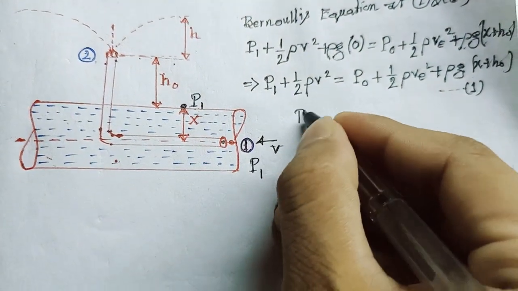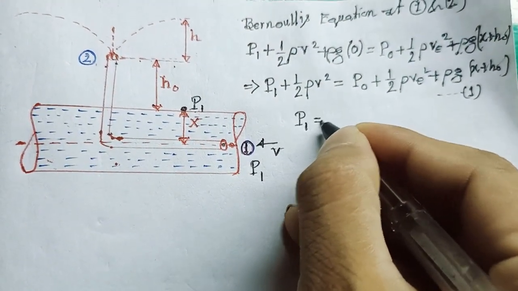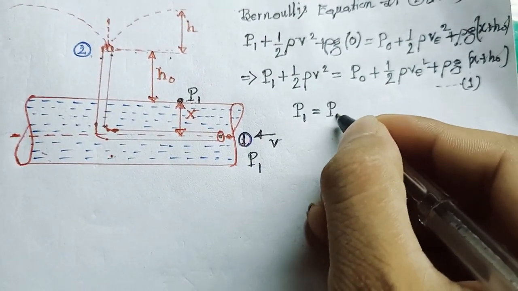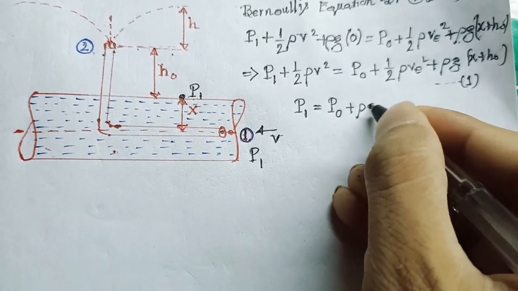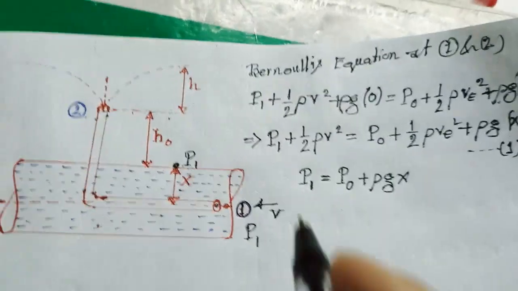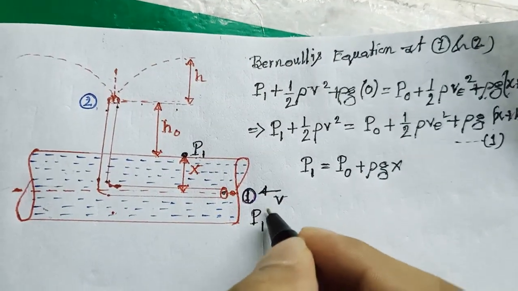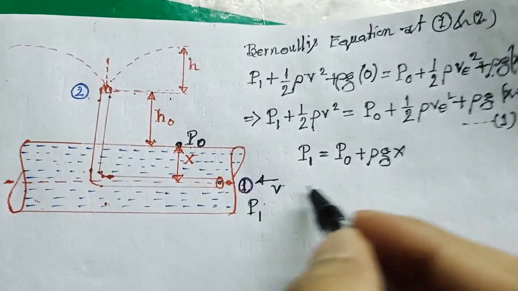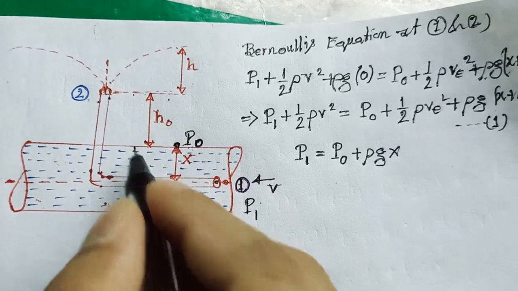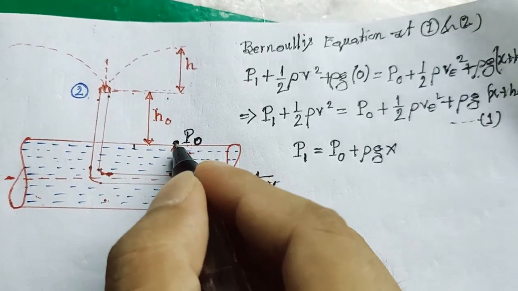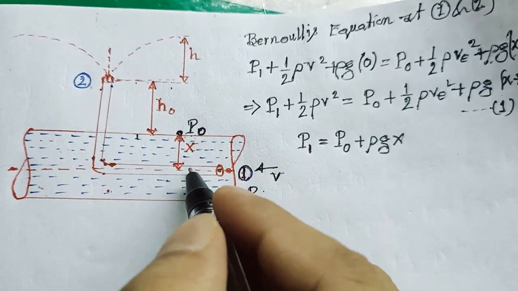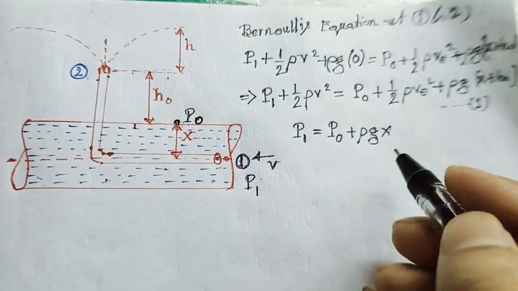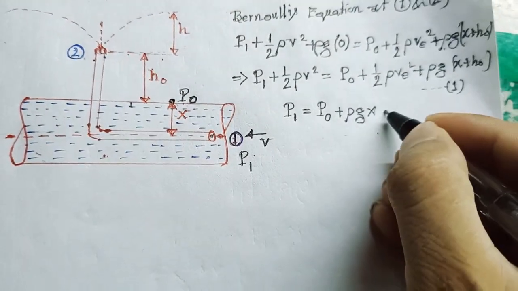So we can write the equation P1 equal to P naught plus rho g x, because here the pressure is P1 and here it is open to atmosphere, so its pressure is P naught. Now the distance between these two levels is x. So if this is atmospheric pressure P naught, then at a depth x the pressure will be P1 equal to P naught plus rho g x. Let this be our equation number 2.